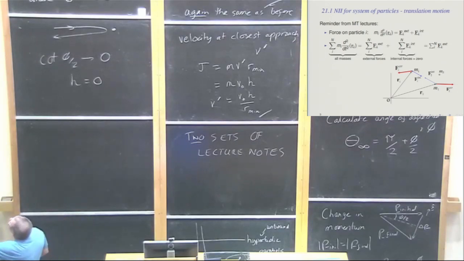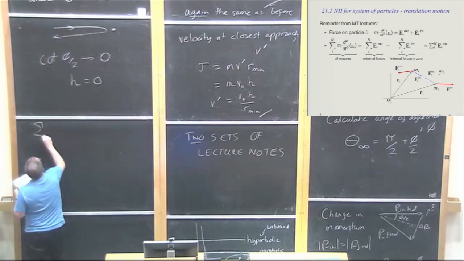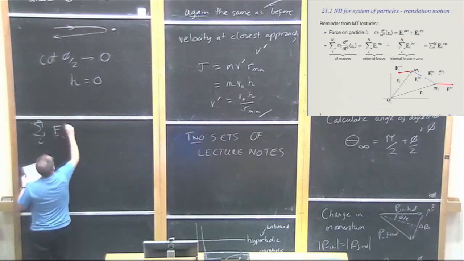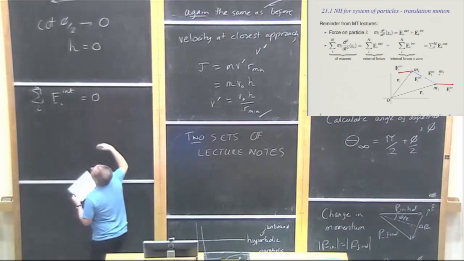So if we then sum over all the particles, we sum over all the external forces, and we sum over the internal forces, the sum of F_i internal equals 0. Why does it equal 0?